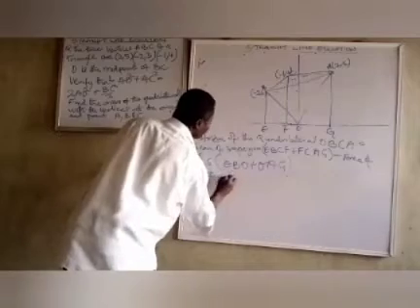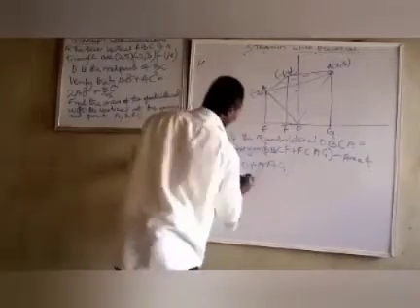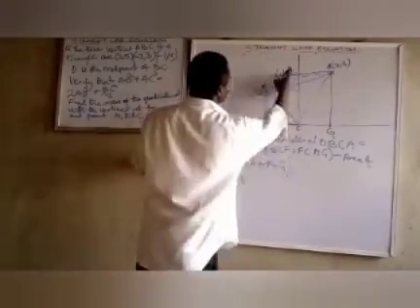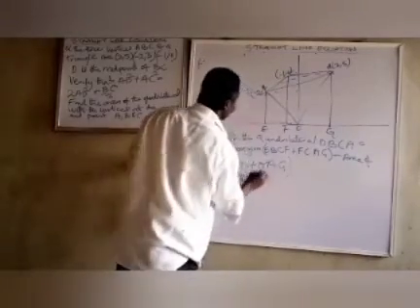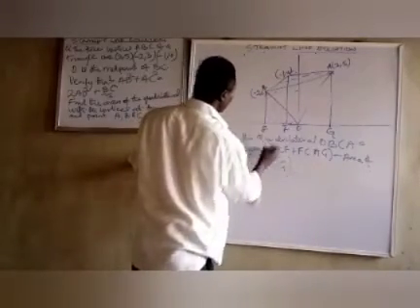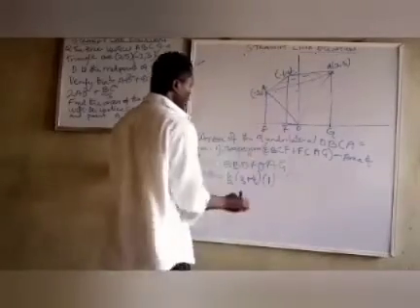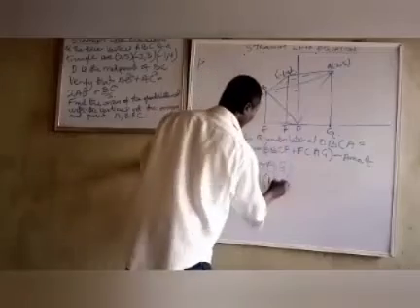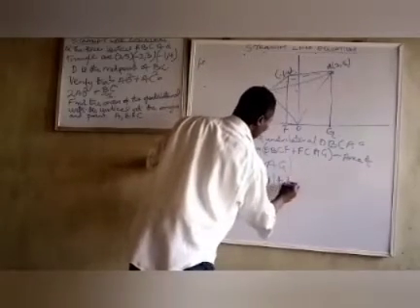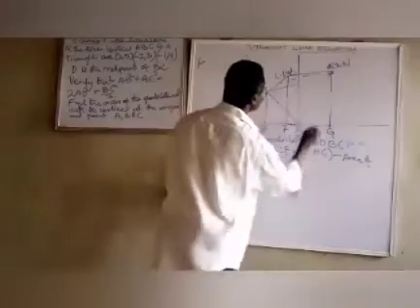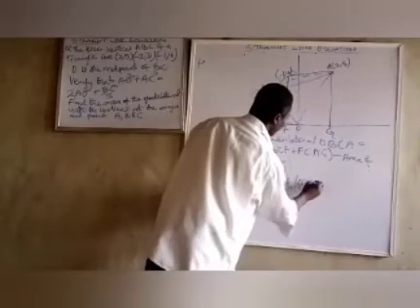is equal to half 3 plus 4. What is the distance from here to here? That is 1. That is minus 1 minus 2. From here to here is 1. Plus half 4 plus 5.